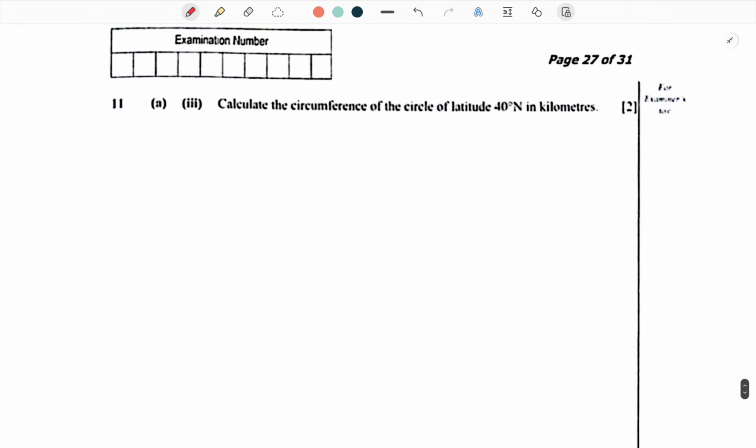Okay, this one is saying calculate the circumference of the circle of latitude 40 degrees. So circumference of a circle is given by 2 pi r cosine theta, the same thing that you had at the end. So you are going to get your 2, you put your 3.142, then your radius was 6370.